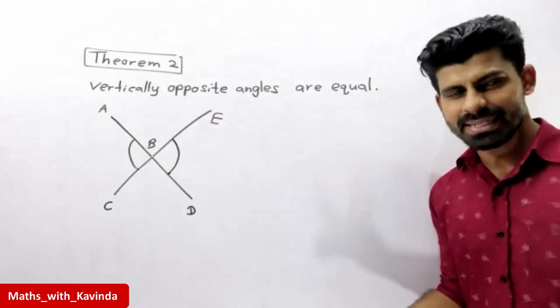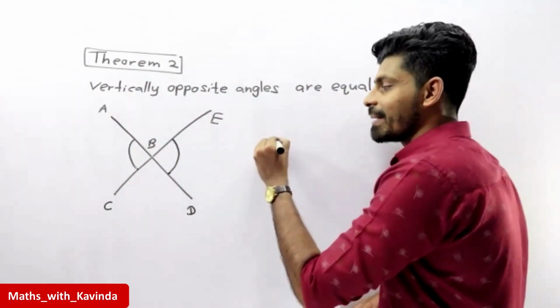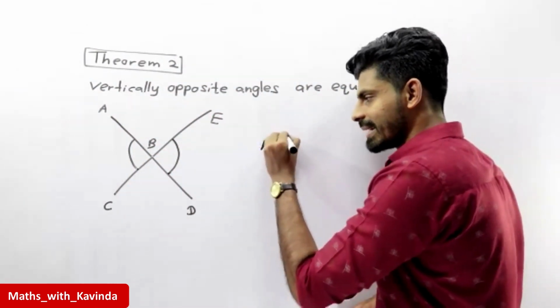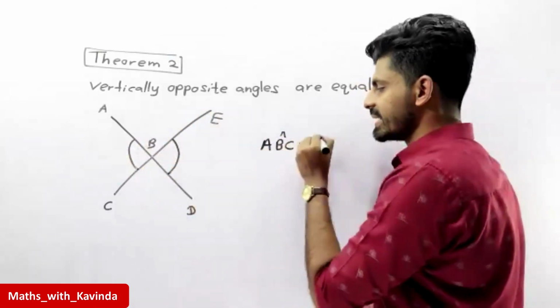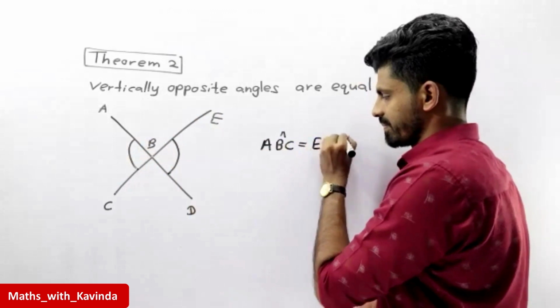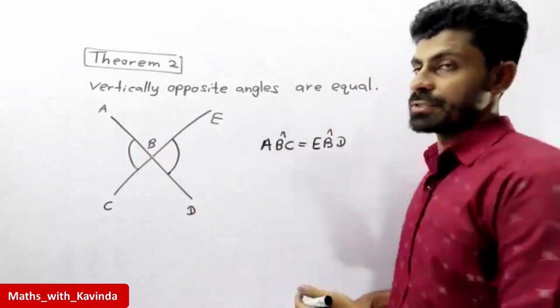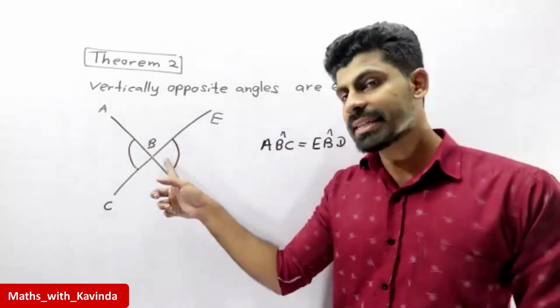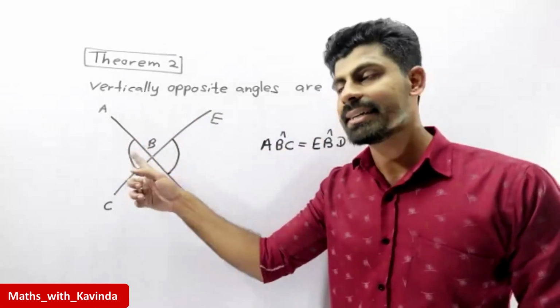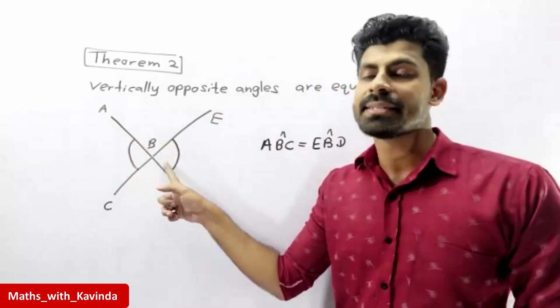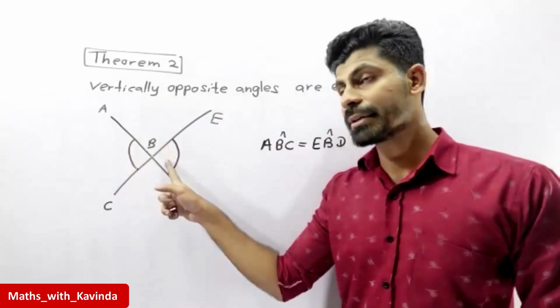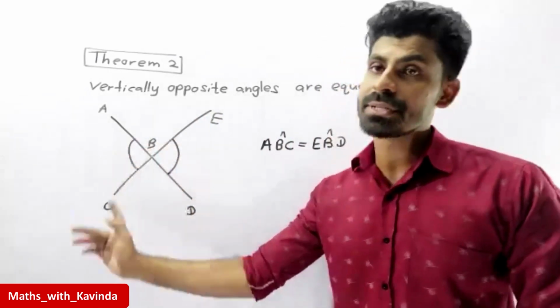Opposite angles are equal. Easy, right? So just consider this one equals 30, this one also 30. 60 means this one also 60. 90 means this one also 90. 120 means this one also 120.